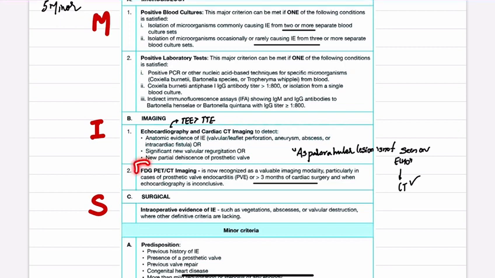There is also FDG PET CT imaging. Just remember this: they included more than 3 months criteria. It means if the patient has a history of cardiac surgery more than 3 months ago and echocardiography is inconclusive, you have to go with FDG PET CT in prosthetic valve endocarditis imaging.